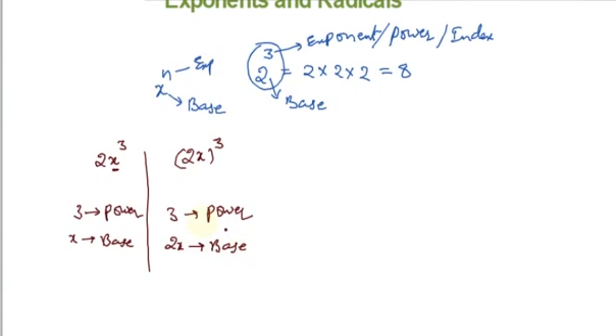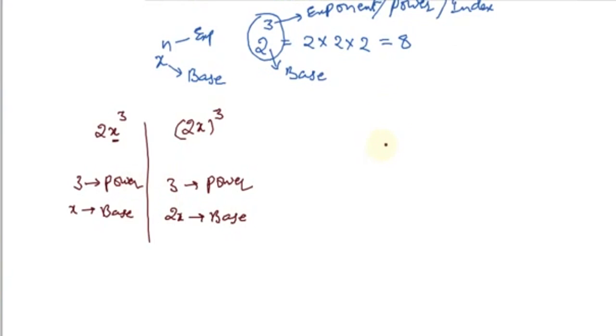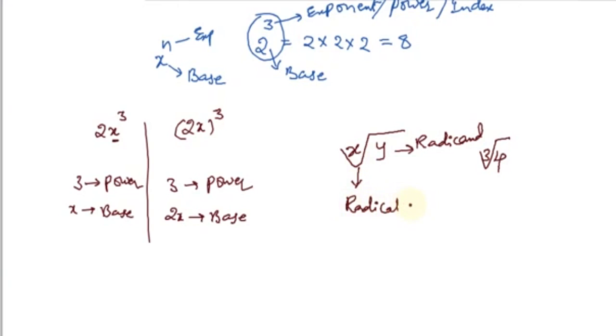Now radical, radicand and radical sign you will see now. For example, if I write the x-th root of y, or the cube root of 4. Like these examples, this y is the radicand, this square root symbol is the radical sign, and this x is the index.